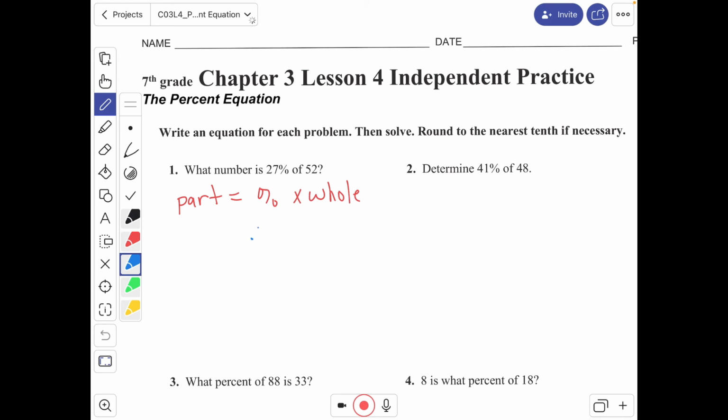So I want to change that to a decimal. Times, an equal sign, of 52. Remember, whole is next to of, so 52 is the whole. So we're trying to find the part, which is n, because we do not know what that is.